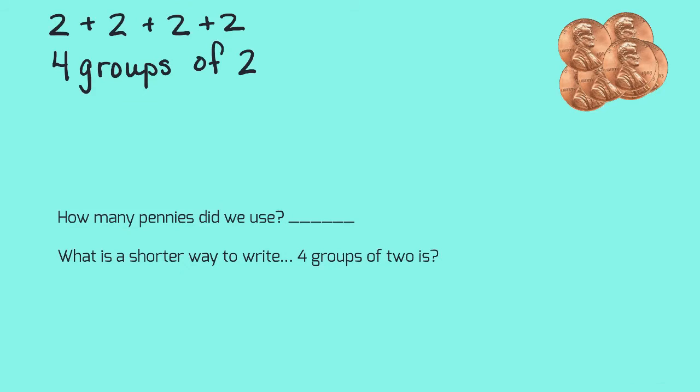So today we are going to learn how to multiply by 2. All right, so I'm going to show you 4 groups of 2 pennies using the pennies on my board here.